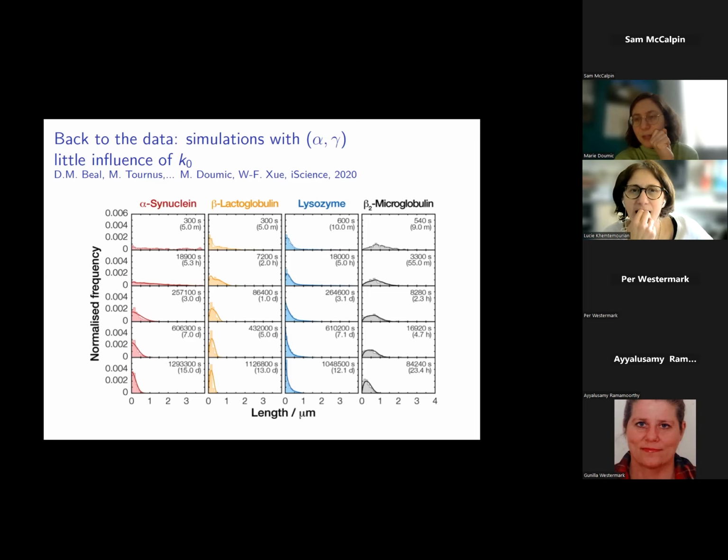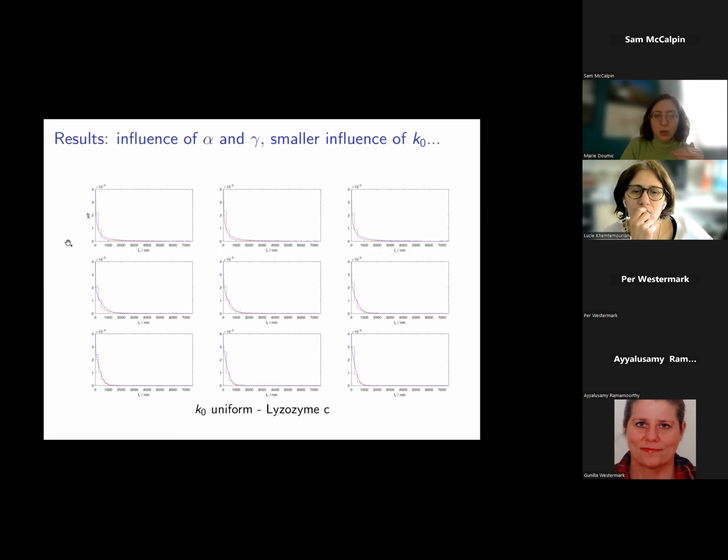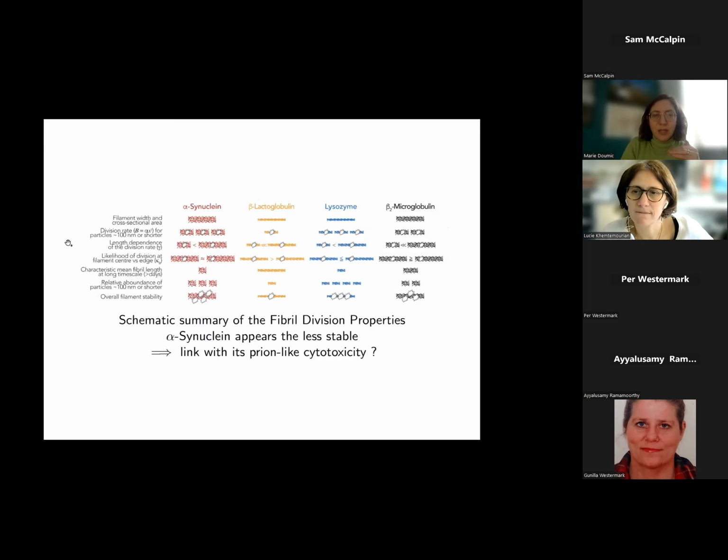And this means a uniform fragmentation kernel, what I called uniform. But uniform means equal probability at any place of the fibril. And this is experimentally not really true. Sorry, Marie, but Philippe just said that inhomogeneous means non-constant.